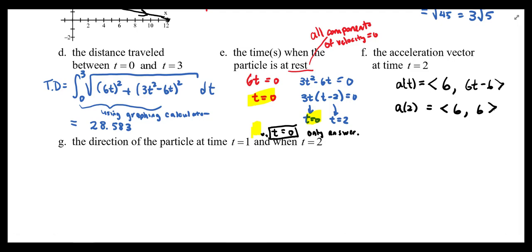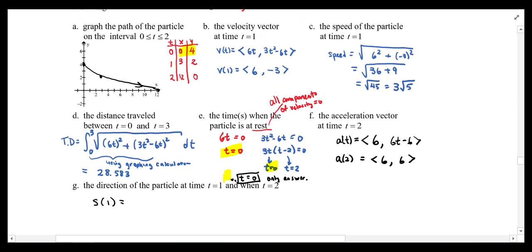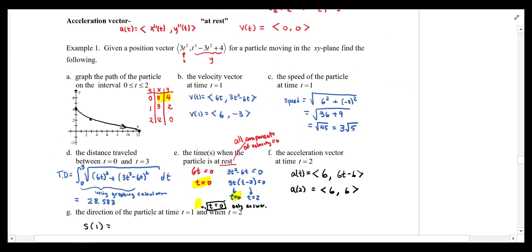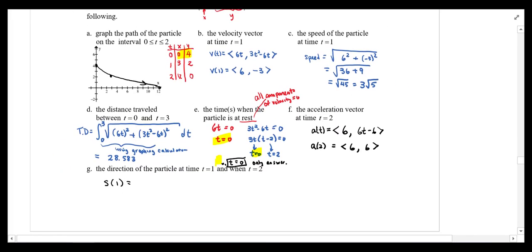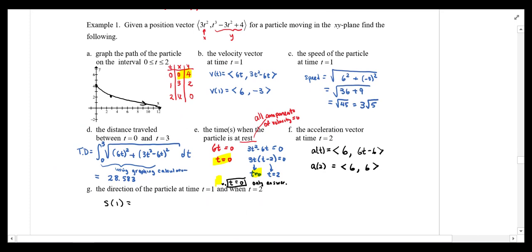And the last part for example number 1, finding the direction of the particle at time t equals 1 when t equals 2. So 2 separate questions here. I'm really asking for s of 1. Okay. And that means I have to plug it back into the position function above. Where is it? Yes, 3t squared. So I guess that would be 3.